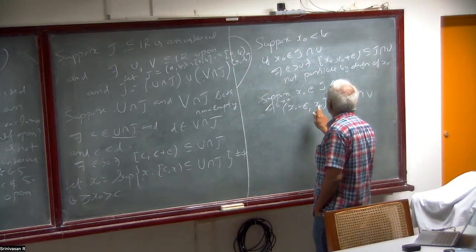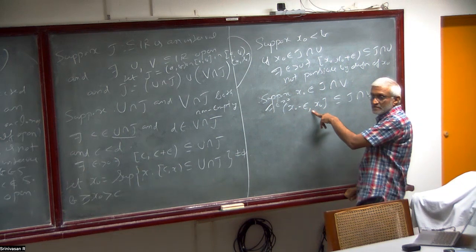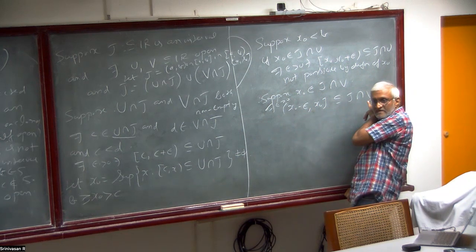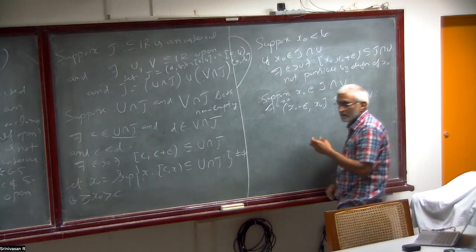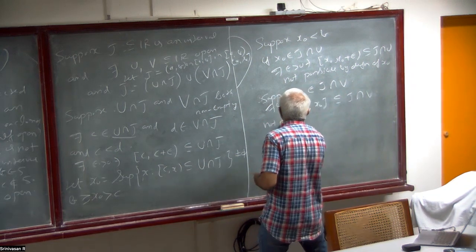This implies there is a point between x naught and x naught minus epsilon which is in J intersection V, which is also in J intersection U. This is not possible because they are disjoint.